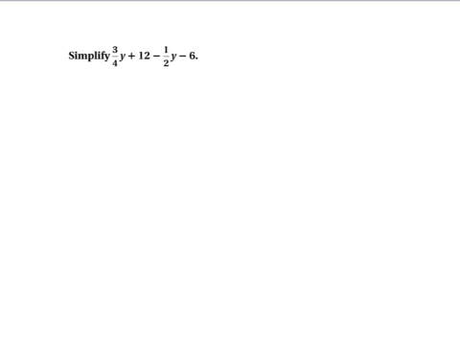Next, we combine like terms. You want to simplify this, so we want to combine like terms that we have. Well, let's identify our terms here. You should understand now that 3/4 y and the minus 1/2 y are like terms. The 12 and then the minus 6 are like terms. So I want to simplify this. I'm going to write 3/4 y, and then I'm going to subtract the 1/2 y.